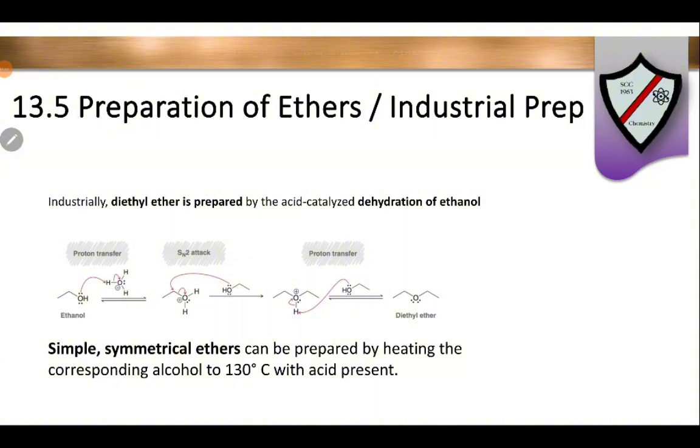All you have to do is put some ethanol in acidic solution and heat to 130 degrees Celsius. And the following SN2 process and proton transfer results in the ethanol being converted to diethyl ether, which can then be distilled and bottled and sold.